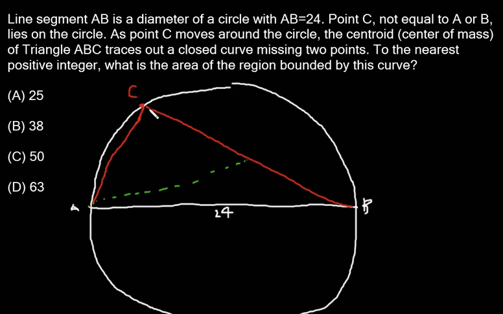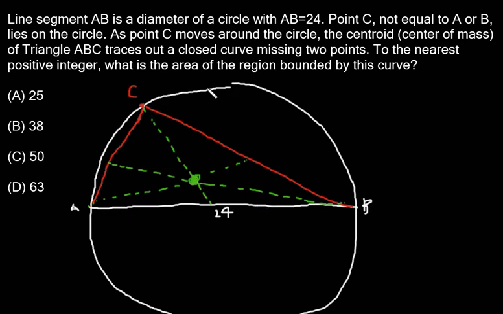Go into the middle, that's one median. Another median, and another median right there. And right here is the centroid, where all the medians connect. So that's our first centroid.